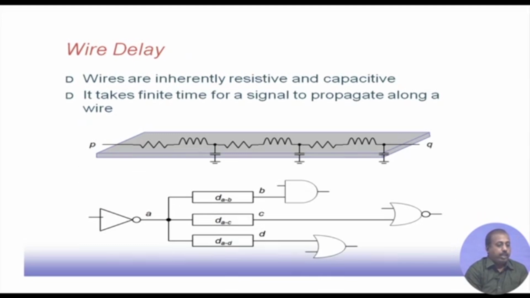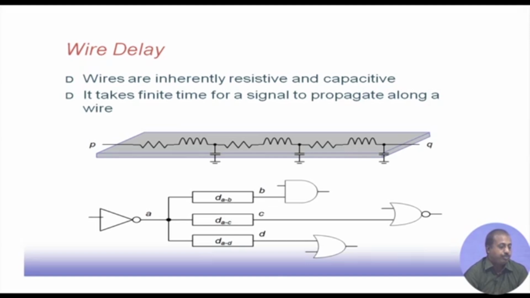Then we have wire delay. Wires are inherently resistive and capacitive, depending upon the range of frequency in which most digital circuits operate. So we have this resistive and capacitive effect coming into the picture. We do not have much inductive effect until we go to the RF frequency range.